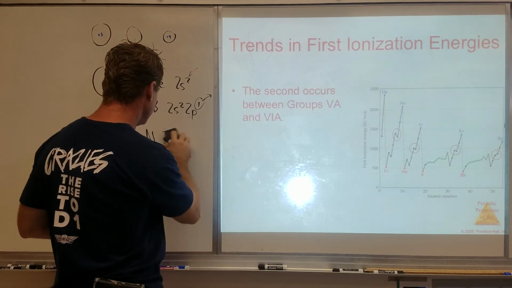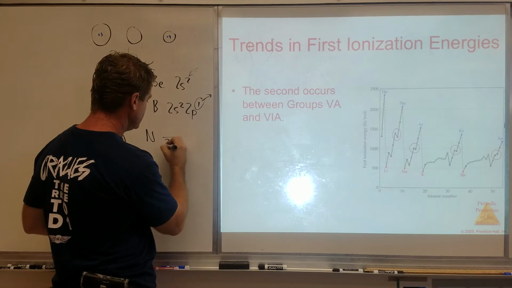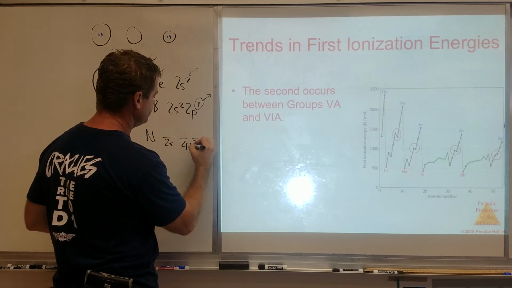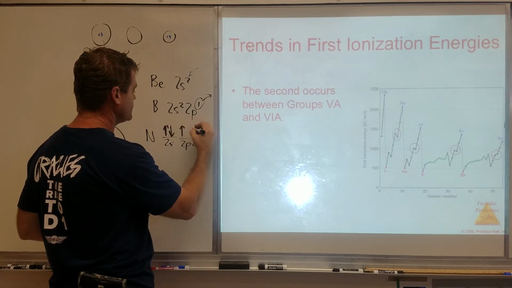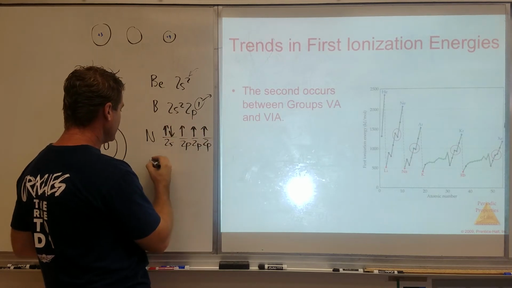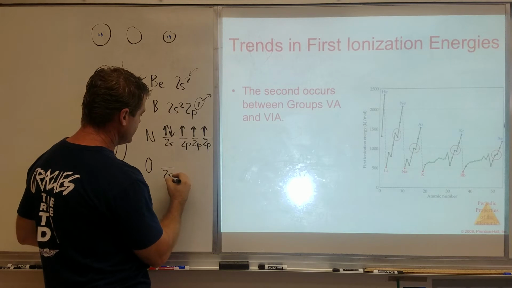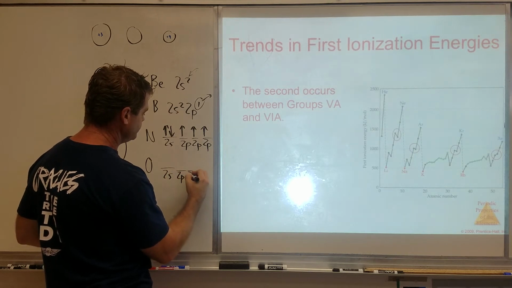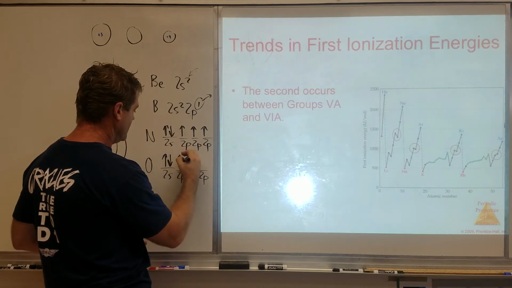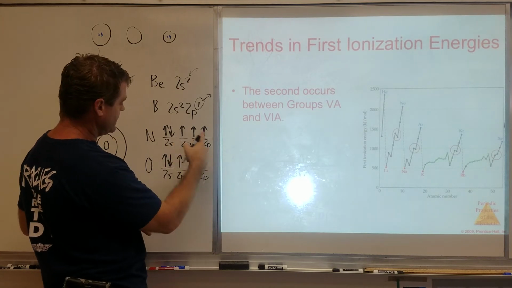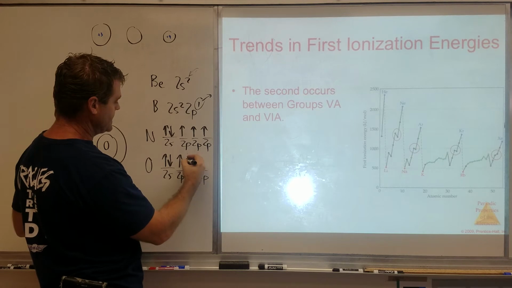Let's show it like this. It has 2 electrons in the 2s, and then 1 electron in each of the 2p orbitals. And then oxygen wouldn't be much different. It's just like nitrogen's, except oxygen has 1 extra electron.